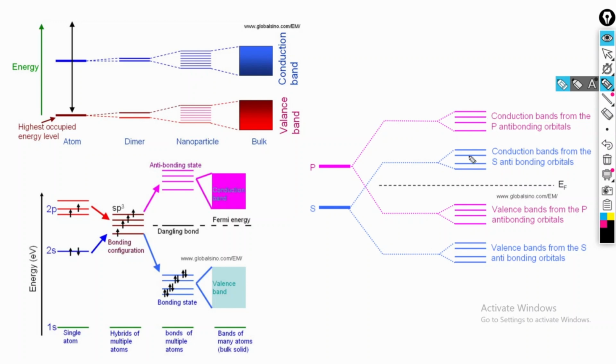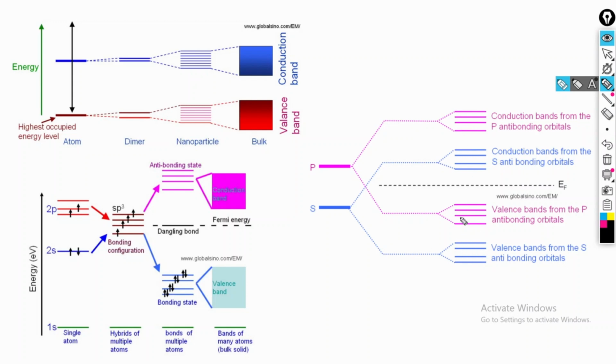These molecular orbitals have higher energy as compared to these orbitals, so we call them the conduction band. It forms a close, compact shape which has a large number of energy states. We call this an energy band.